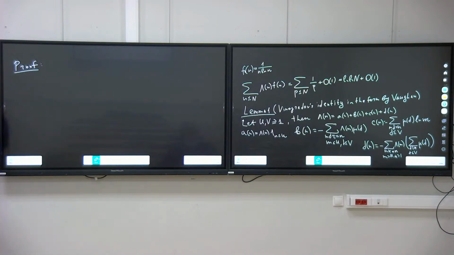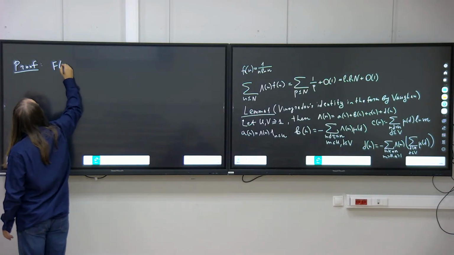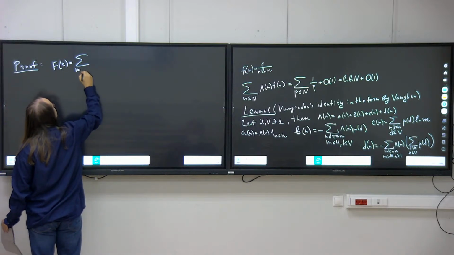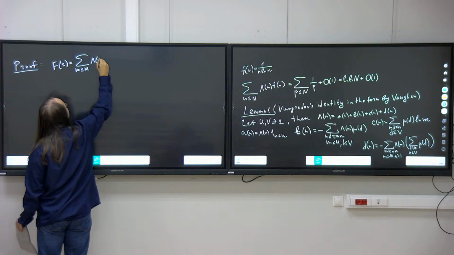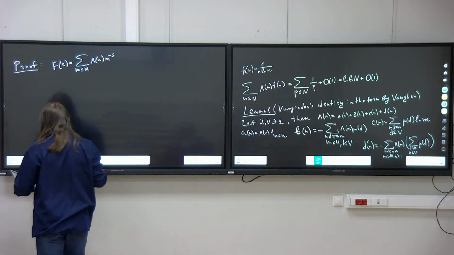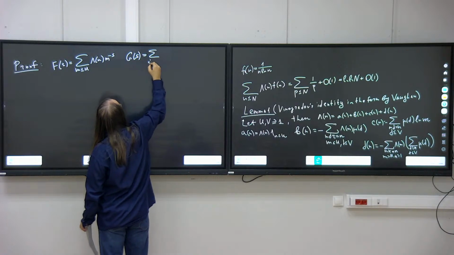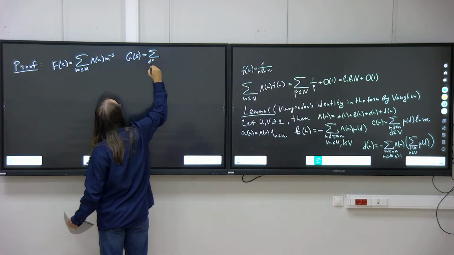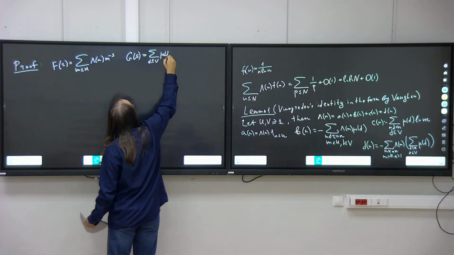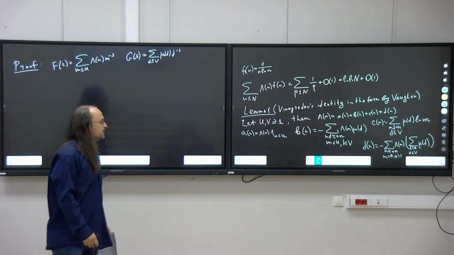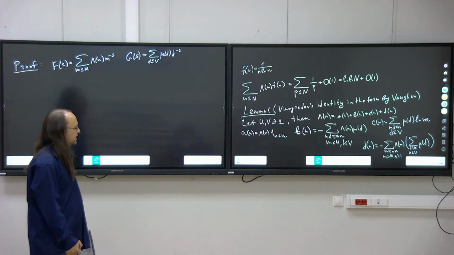The proof goes as follows. Take f of s to be the sum over all m less than or equal to u, lambda of m to the power minus s, and g of s to be the sum over all d less than or equal to v, mu of d, d to the power minus s. So consider the following finite Dirichlet polynomials.